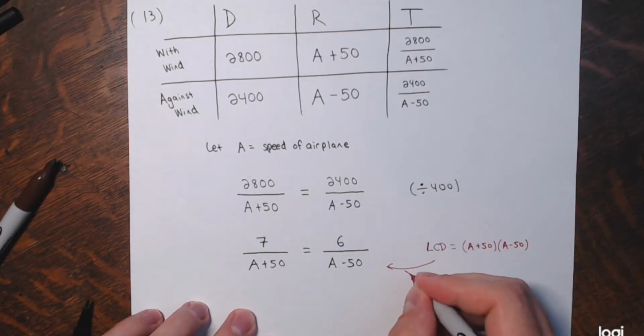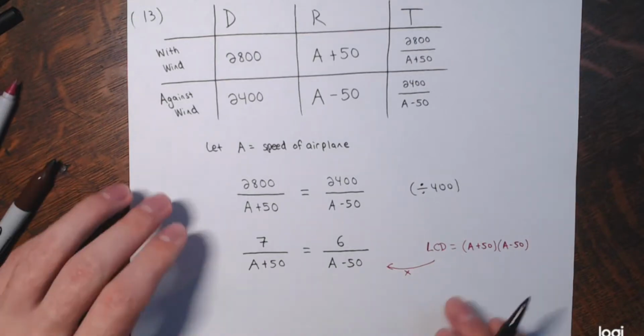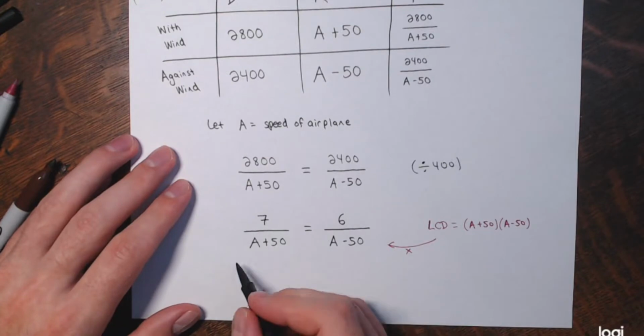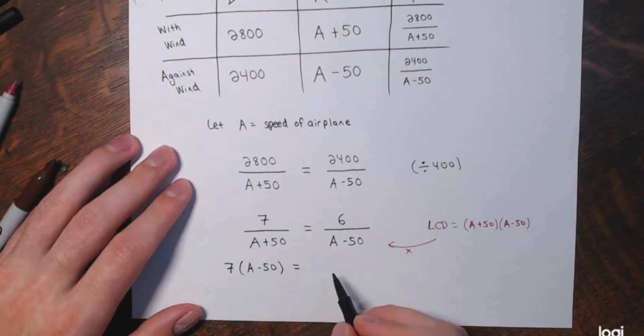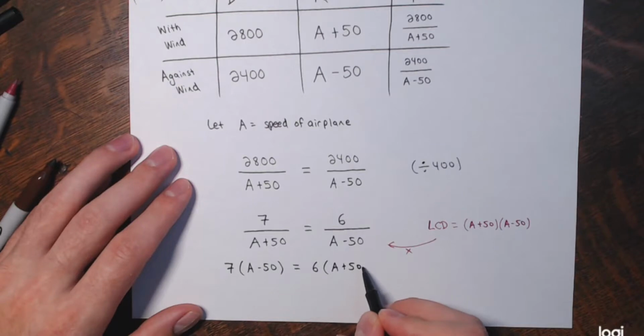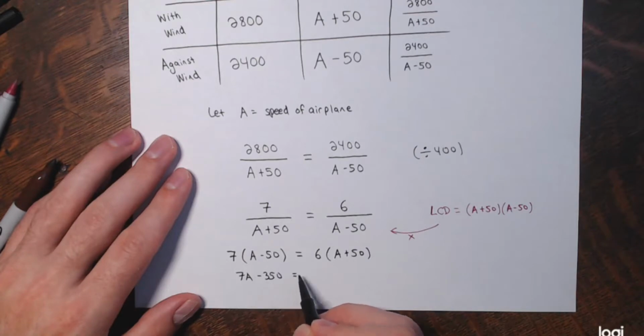And I'm going to multiply both sides by this LCD, and the denominators should cancel. Left side, I'd have 7 times the quantity a minus 50. Right side, I'd have 6 times the quantity a plus 50. Distributing, we have 7a minus 350 equals 6a plus 300.